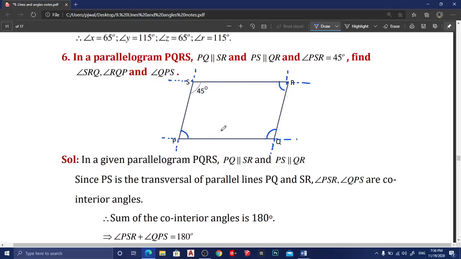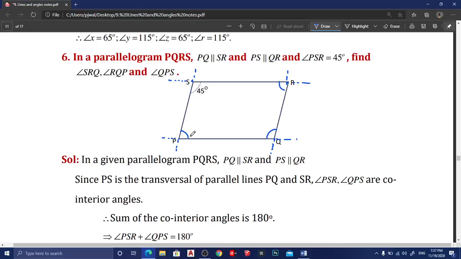And again these two are parallel lines, and this becomes the transversal line. By using this concept, you can find the angles. One of the angles is given here, 45 degrees. Since these two are parallel and this is the transversal, these two angles become co-interior angles to each other. You know the property: the sum of the co-interior angles is always 180 degrees.